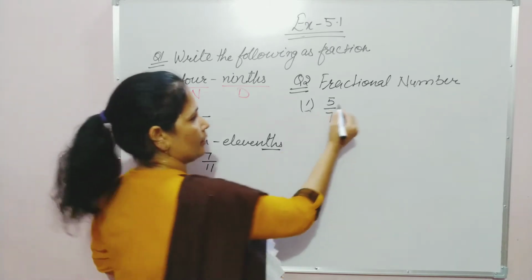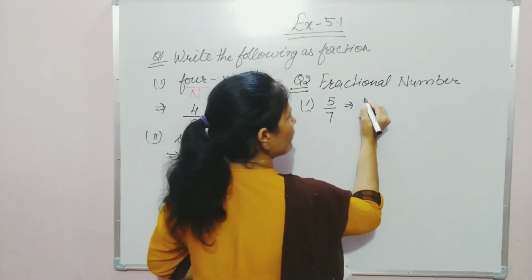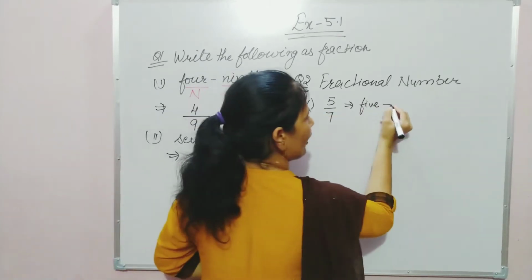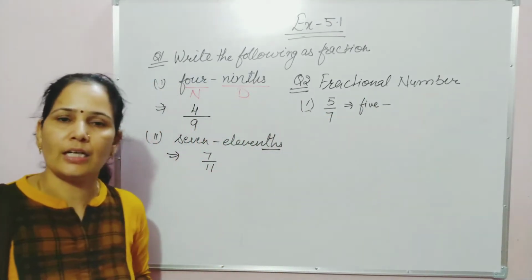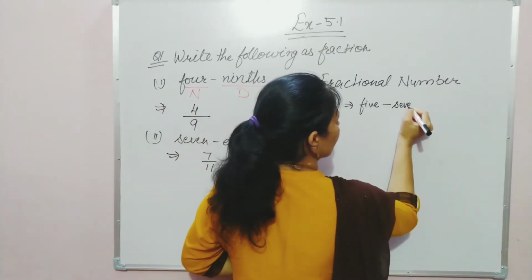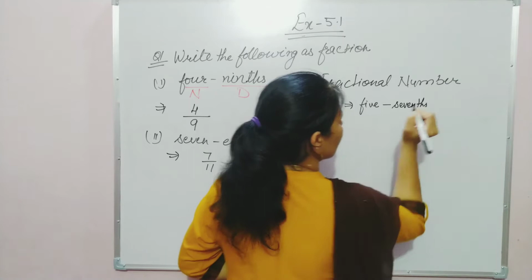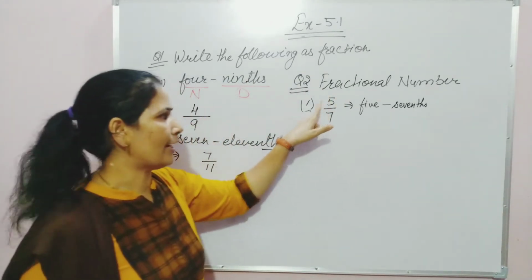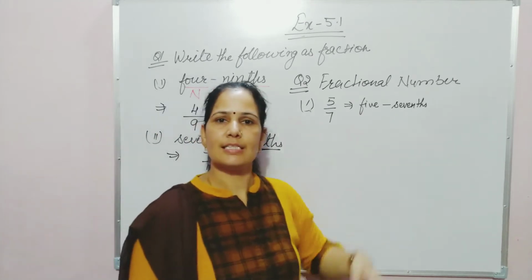So first 5 is our numerator, so write 5. Then for this fraction we write a dash between them, and then 7th, write THS with this, and it represents the fractional number 5/7.